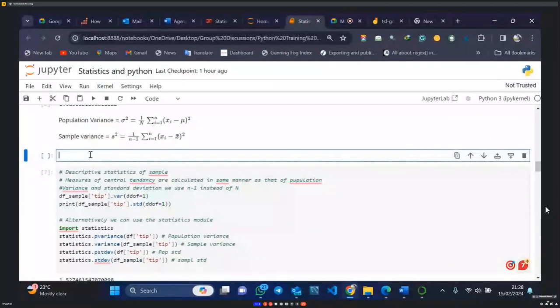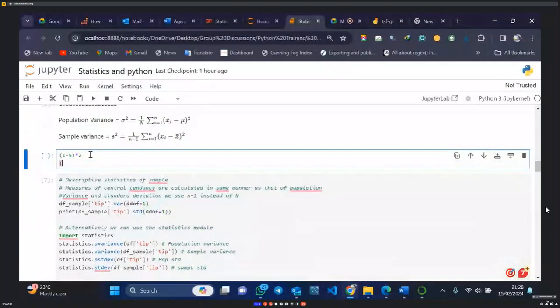Take 2 minus the mean and square that value. You add all those together. That is the square in Python, with two asterisks.